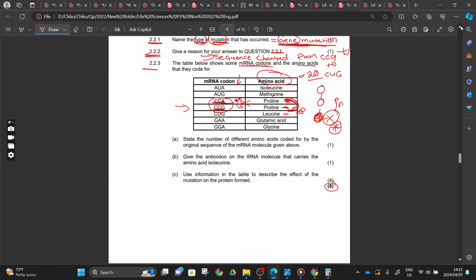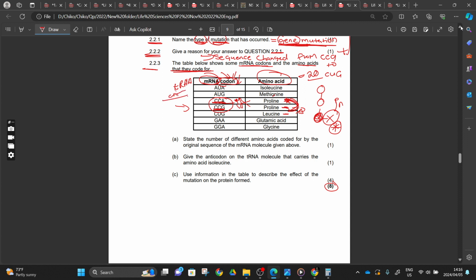And then 2.2.4, we can come to this one. The table below shows some mRNA codons and the amino acids that they code for, right? On some questions, they can just give you the codons, and then you know that mRNA is dealing with the codons, or they can give you tRNA anticodons, right?